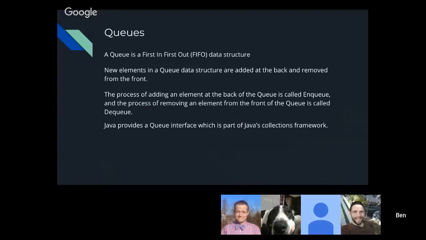The exceptions are priority queues, which order elements according to a supplied comparator or the elements' natural ordering. Whatever the ordering used, the head of the queue is the element that would be removed by a call to remove or poll. All right, so that's the slides.